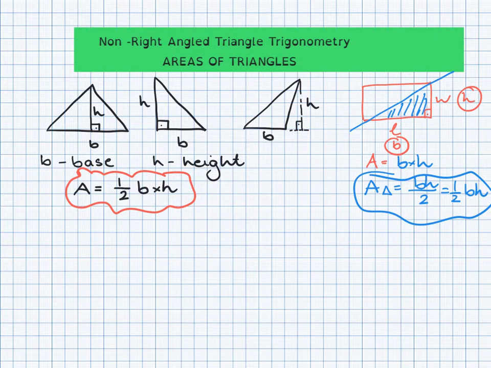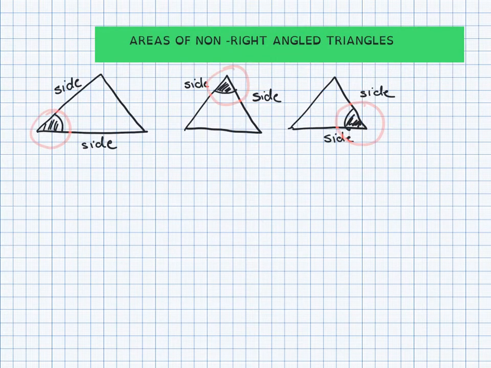We can find the area of the triangle using this formula. Here are some of the triangles you may have a look at. This is not a right angle triangle, not a right angle triangle, and not a right angle triangle either, because we don't have any notation saying that they are.